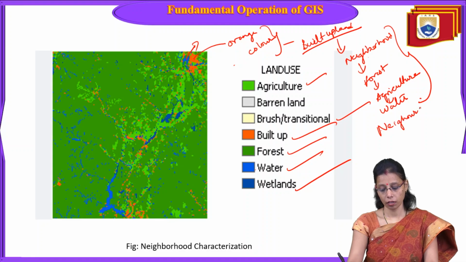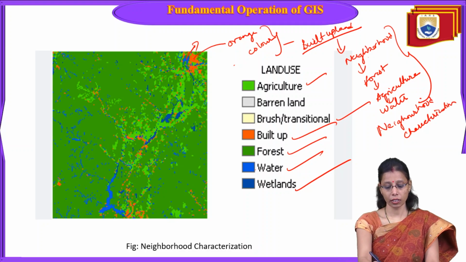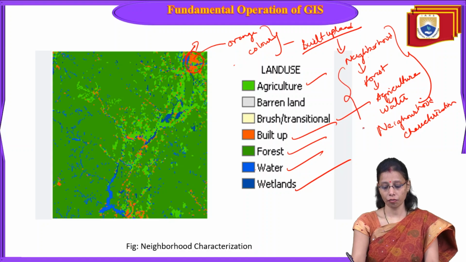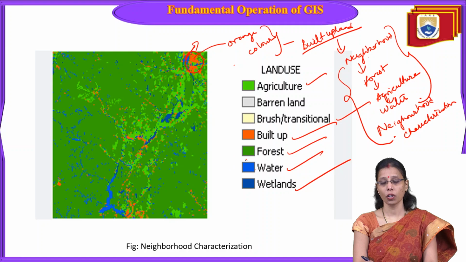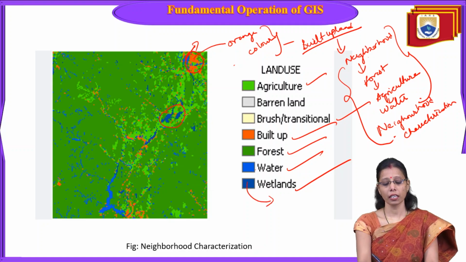So around this built up land, you have all these features. For example, if you want to take wetlands, you can see here the darker portion, this is wetland.